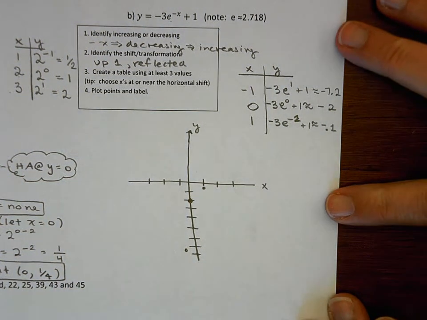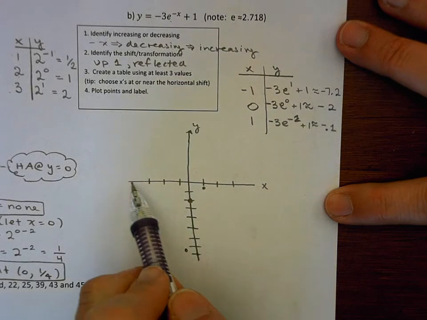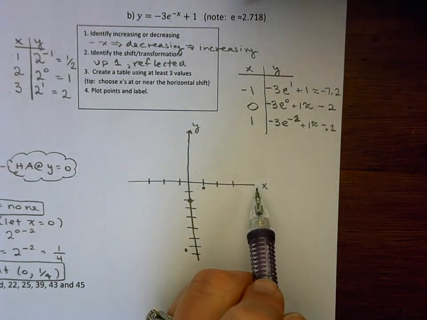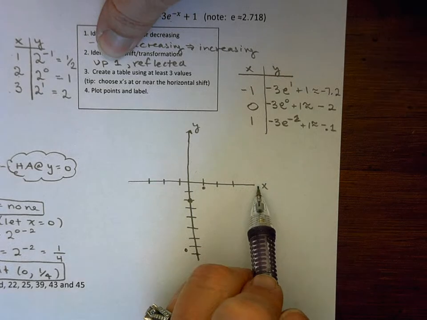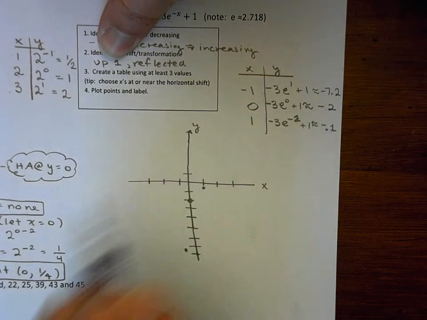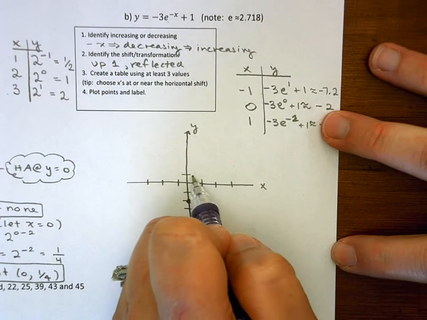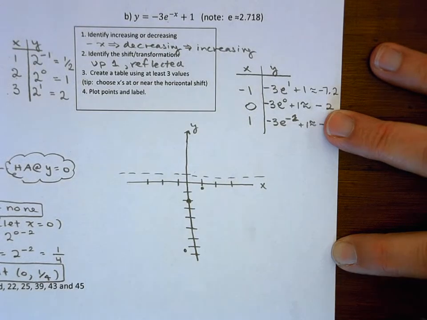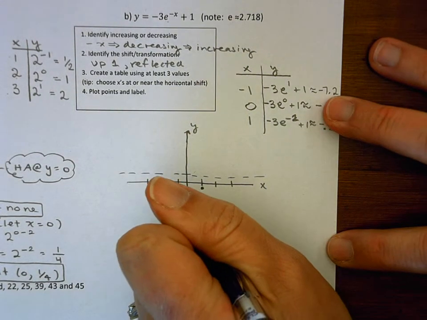Okay, so now for my horizontal asymptote, normally it would be at y equals 0 according to the parent function, but then I went up 1, so I need to move my horizontal asymptote up 1. And so then graph it.